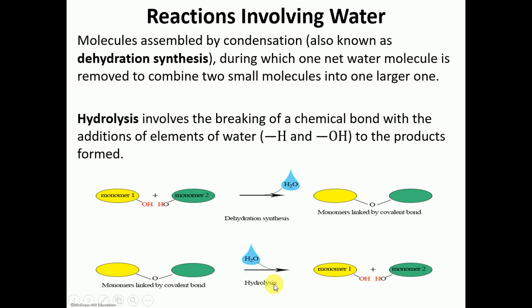Hydro means water and lysis means to break, so you broke that covalent bond by adding a water molecule. The body uses dehydration synthesis and hydrolysis in order to either digest or build up things like different proteins and so on.